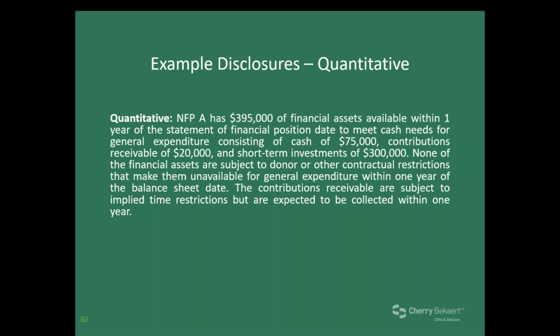I will say that this example, the narrative format, I would only suggest it if you don't have a lot of financial assets. As an accountant or an auditor, I love Excel and tables. So I think that if you have a good amount, the table format's a little bit cleaner, but that doesn't prohibit you from using the narrative format if that's what you would prefer.